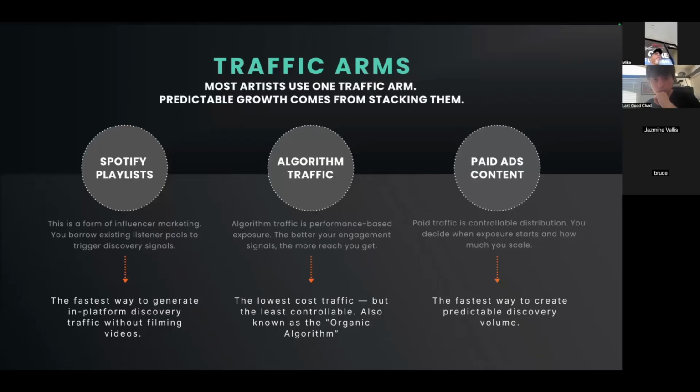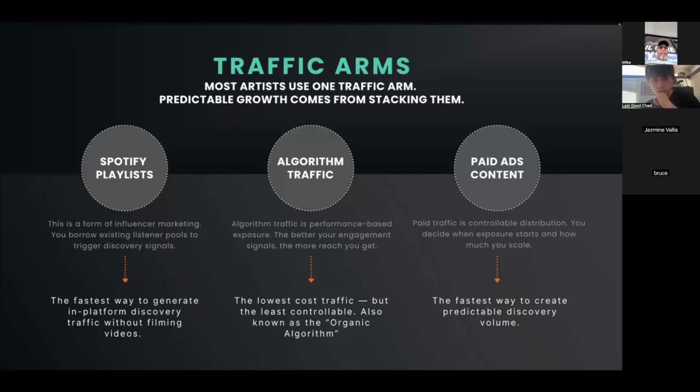And the more signals that you activate, the more reach you can get. And this is the lowest cost because usually you can just post on Instagram and try to activate the organic algorithm. So posting is technically free. You're paying with your time, though, and it's not as reliable.